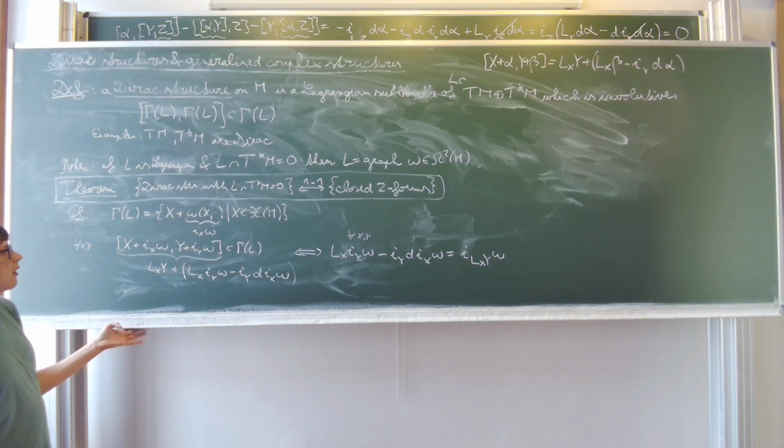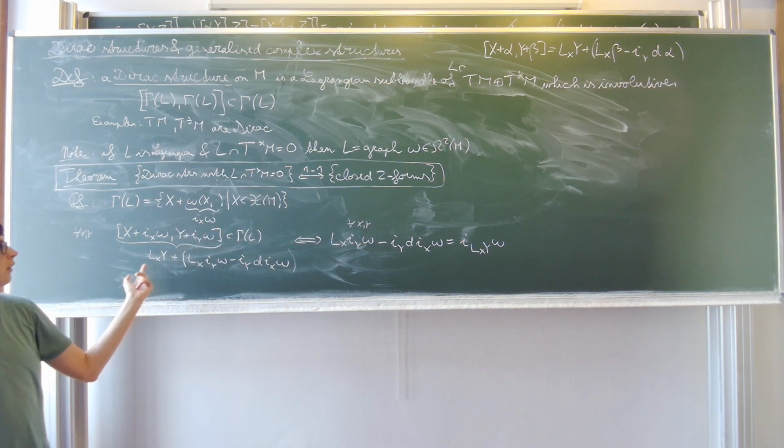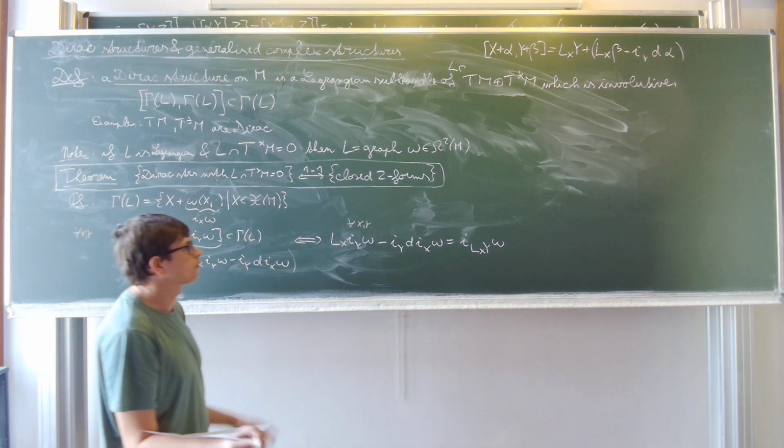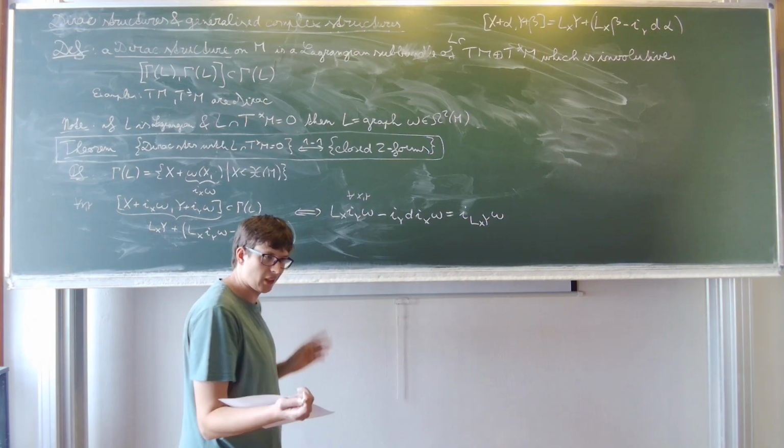This is how you check if something is again of the form like this. This thing needs to be this thing included in omega. If you object, then say.